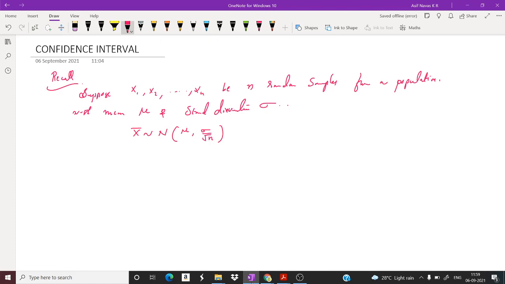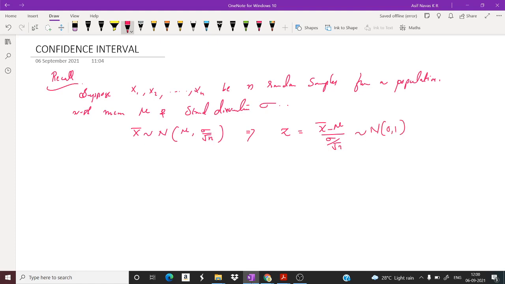That means the mean of the random samples follows a normal distribution with mean mu and standard deviation sigma by root n. So this we can convert into the standard normal distribution: (x bar minus mu) by (sigma by root n) follows normal 0, 1.